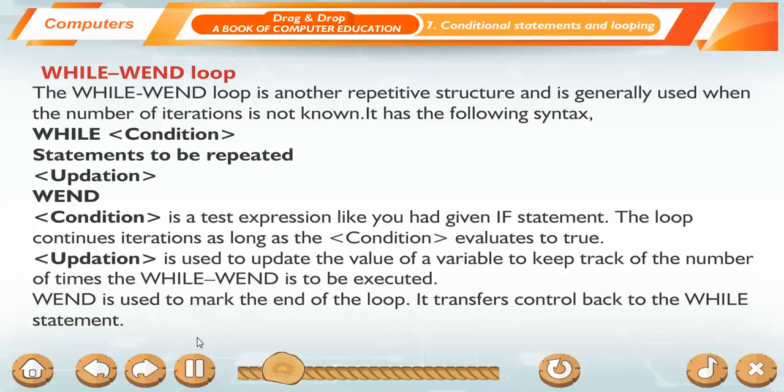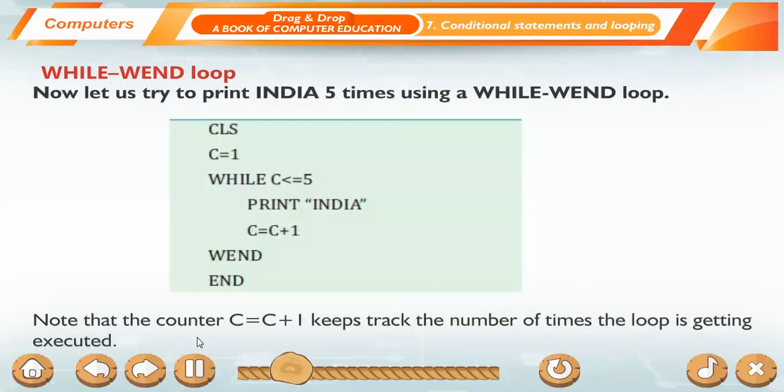Updation is used to update the value of a variable to keep track of the number of times the while-when is to be executed. When is used to mark the end of the loop. It transfers control back to the while statement. Now, let us try to print India 5 times using a while-when loop.